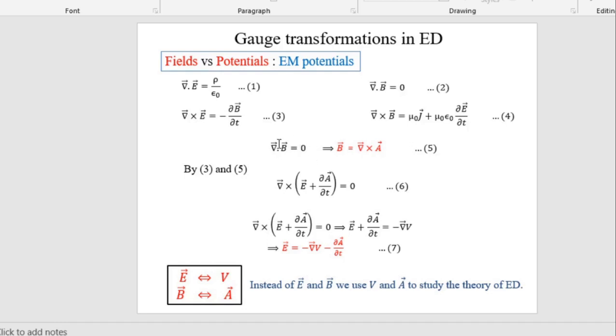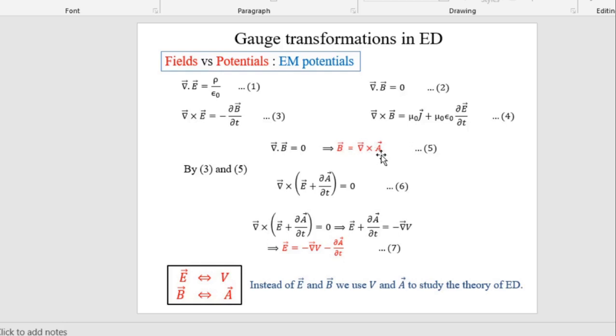So divergence of B being 0 means we can express B as the curl of some other vector. That's why we can write B is equal to curl of A.